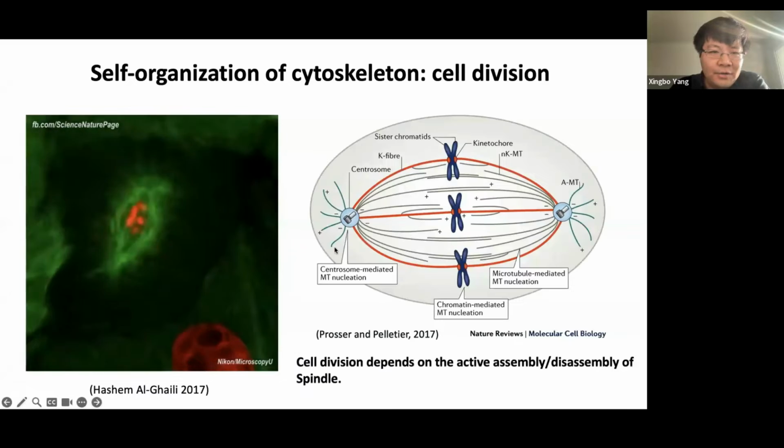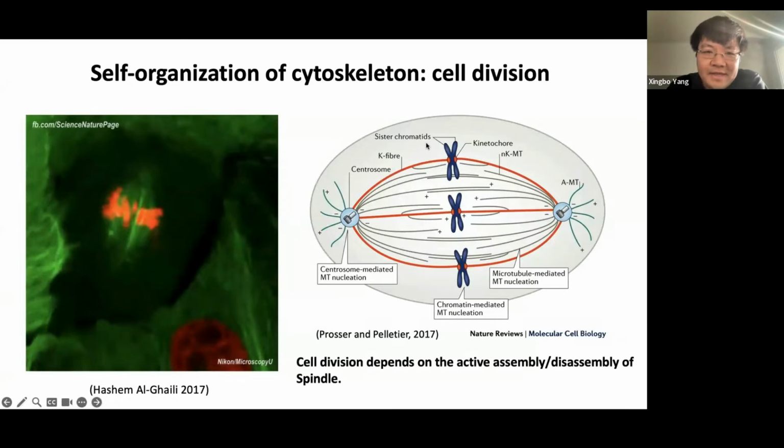Okay, so this should give you an idea of this very dynamic structure of the spindle. It forms during mitosis, and if you look inside of this spindle, it is made of microtubules. For example, in mitosis, they can be nucleated at the centrosome, and they will be connected to the chromosomes.